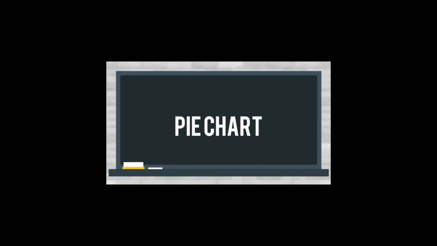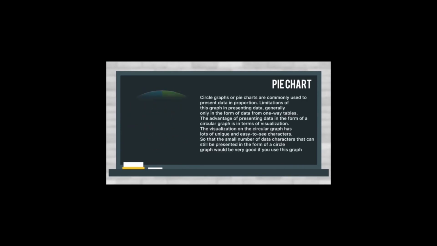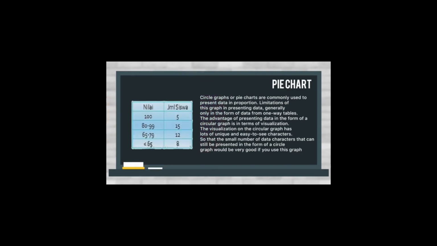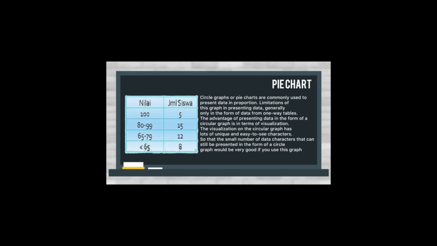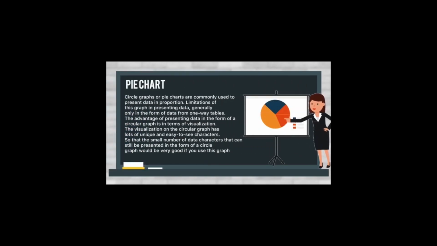Now, let's move on to the topic. The topic is a pie chart. Circle graphs or pie charts are commonly used to present data in proportion. The limitation of this graph is that it generally presents data only in the form of one-way tables. The advantage of presenting data in the form of a circular graph is in terms of visualization.